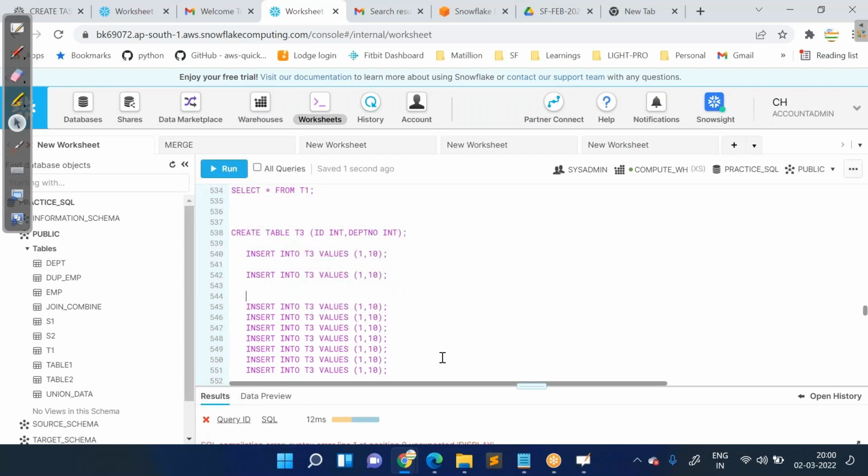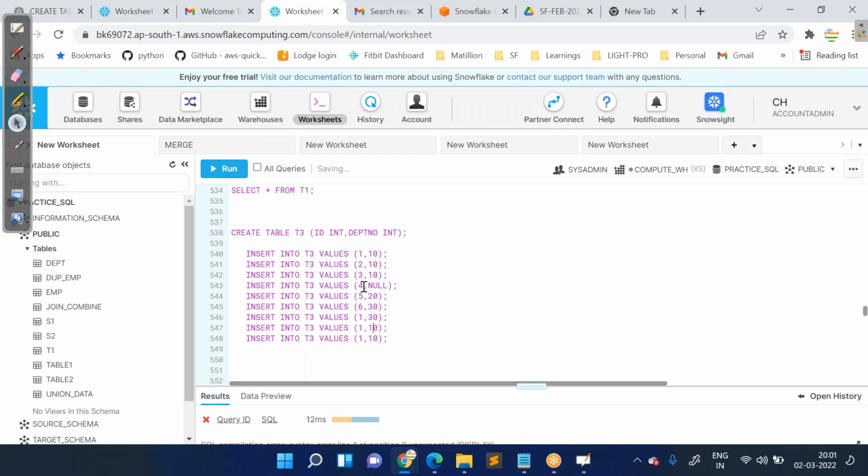So I'm just inserting some data. 1 comma 10, 1 comma 10, 2 comma 10, 3 comma 10, 4 comma null, 20, 5 comma 20, 6 comma 30.